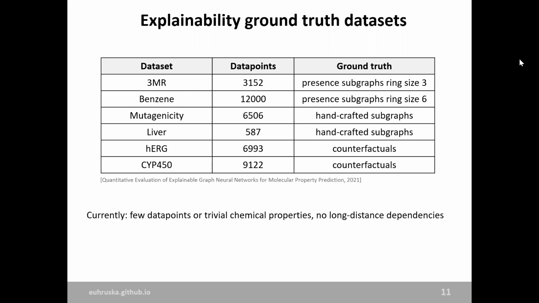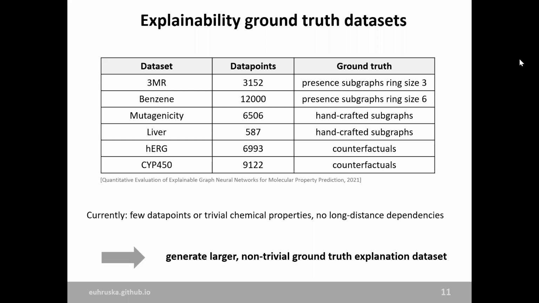And the last two data sets are counterfactuals. And as I discussed already before, counterfactuals might miss some essential parts of the explanations. So these are just some examples of the data sets, but they have in common that they either have a limited number of data points, less than the order of thousands of molecules, or the chemical properties are trivial and typical, and also there are no long distance dependencies.